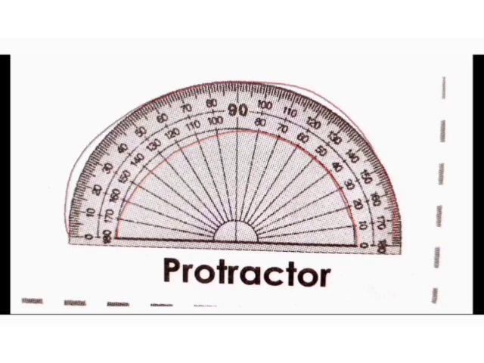Thus each scale is divided into 180 equal parts. How many? 180 equal parts. Each division of a scale represents 1 degree. The number of degrees in an angle is called its measure.